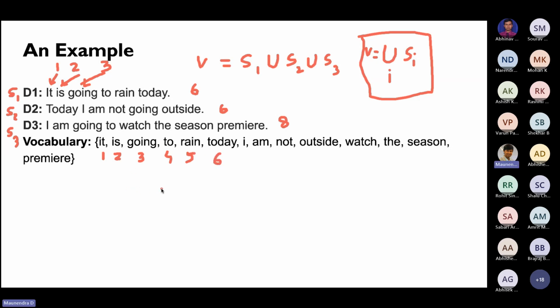Then the first document can be represented as D1 in set representation. It can be 1, 2, 3, 4, 5, 6.